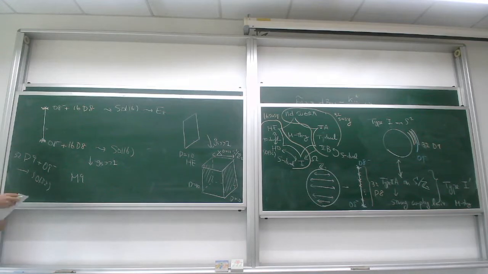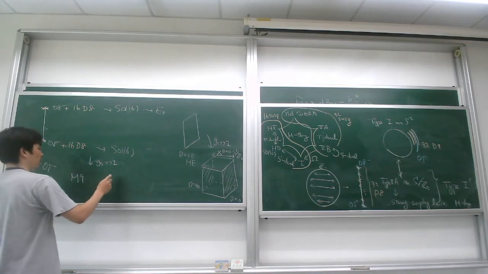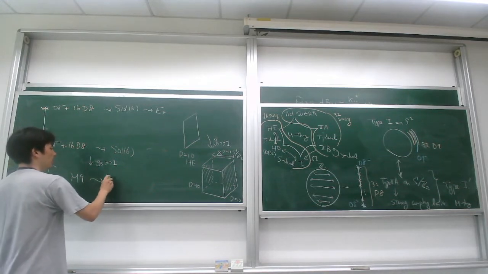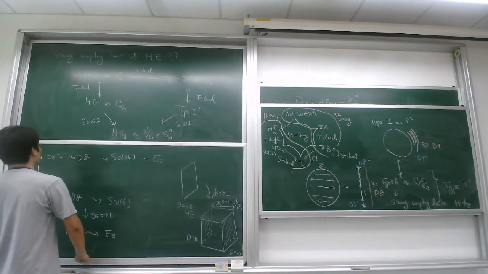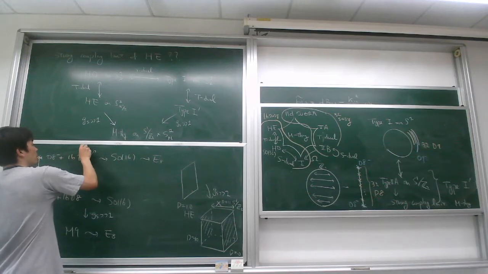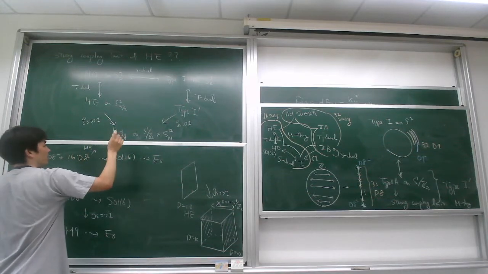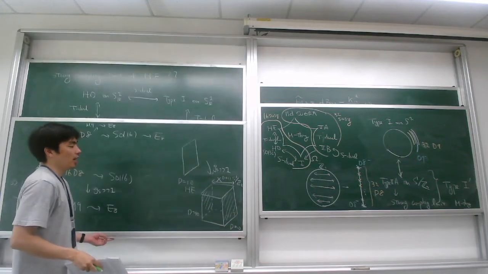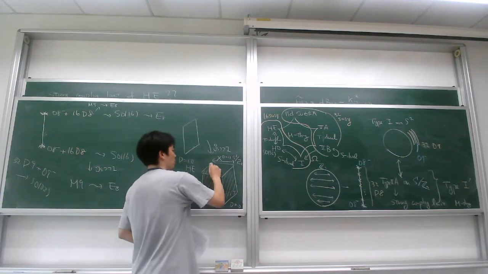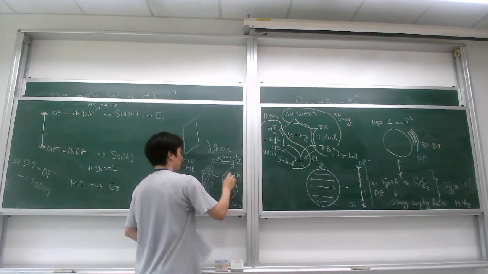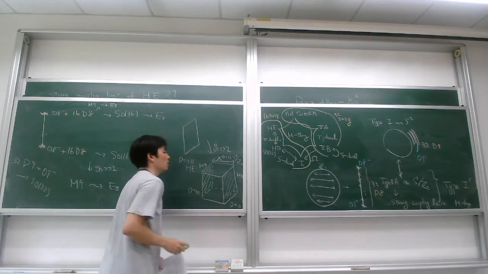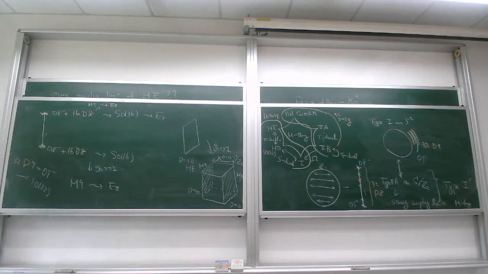So the M9 plane will give you E8. And the other end of the wall becomes an M9 plane, and then becomes E8. So at the end of the segment, you have something special: you have an M9 and an M9 plane. So 9 plus 1 is D.